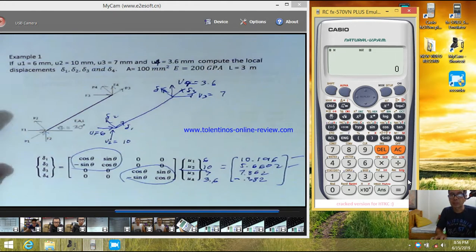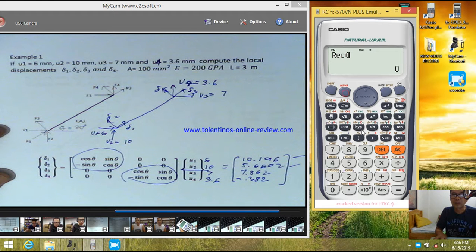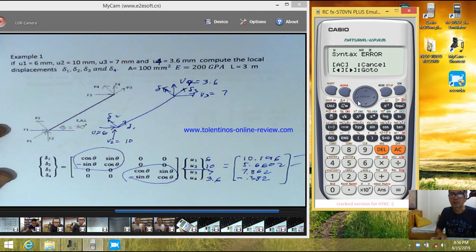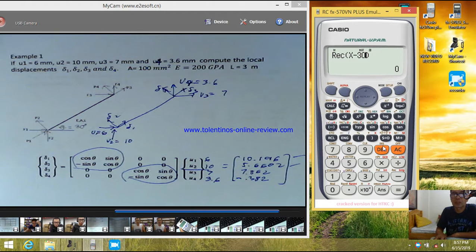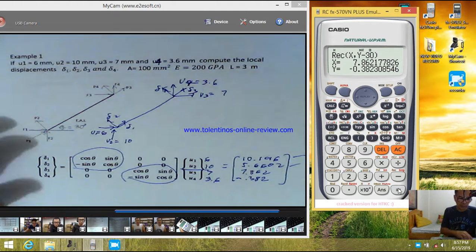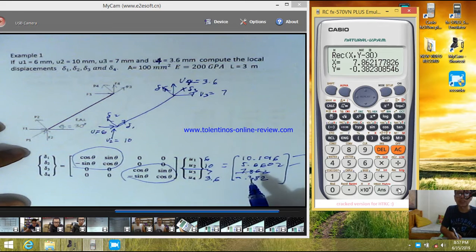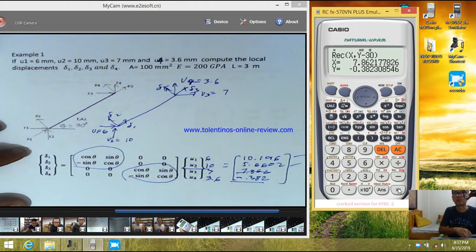Shift rec of X, subtract 30 degrees, there should be a comma, and then Y minus 30. My mistake there, there is an extra parenthesis. You will get the values 7.862 and negative 0.382.